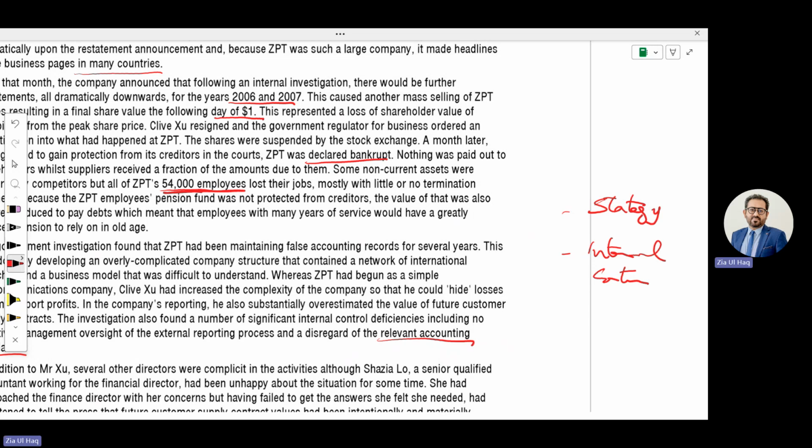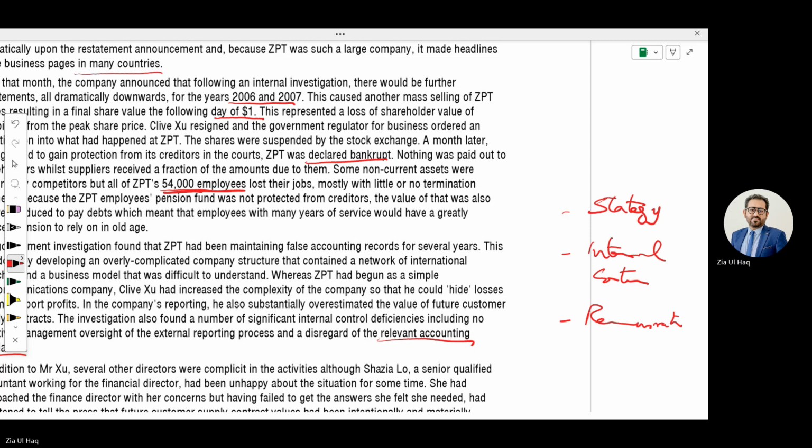So institutional investors could have intervened in the remuneration policy of the company, because bonuses are based on performance. If your performance is not like that, 100% profit, 80% assets, 50% sales, then you are not eligible for getting a $20 million bonus. They should have intervened to call back the bonus from Clive Shoe, and calling back that bonus amount would have helped the company to survive.